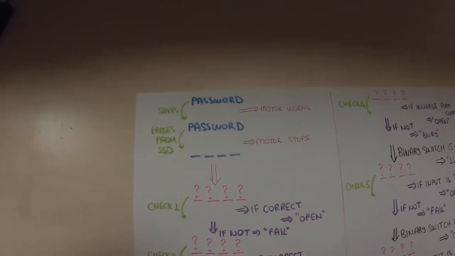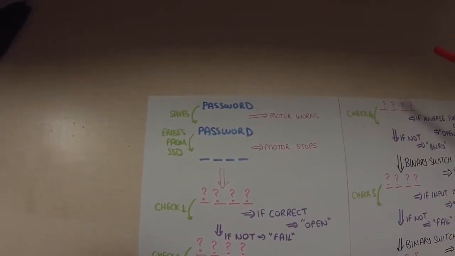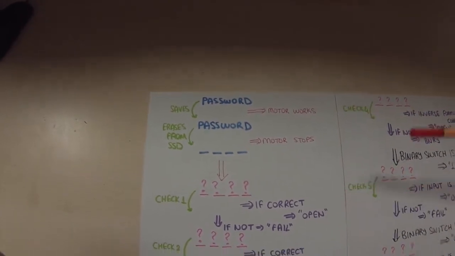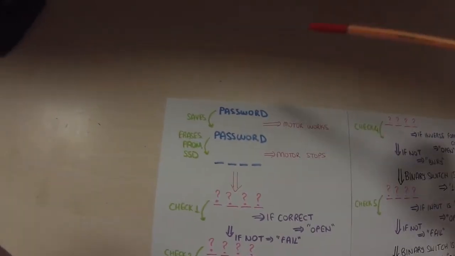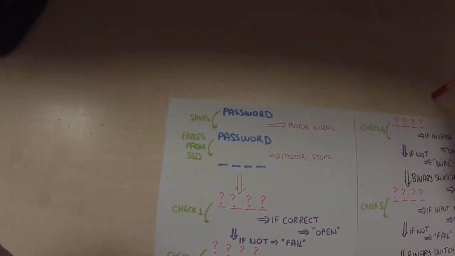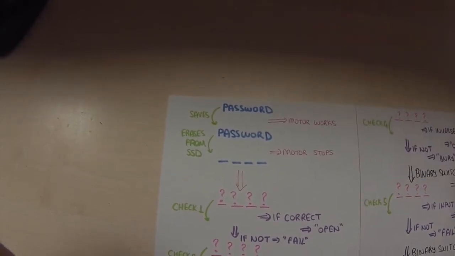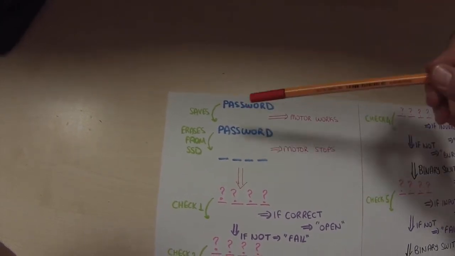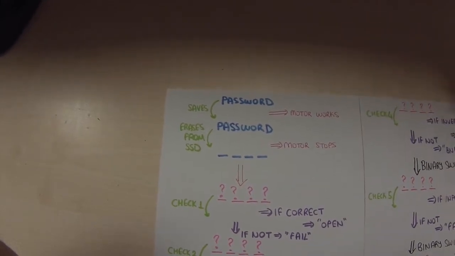Now I'm going to explain the logic of my project in two different parts, because there are two different logics which link to each other. First, in the beginning of my project, it asks for a password from the user, and when the user enters a password and saves it using a switch, my DC motor works.